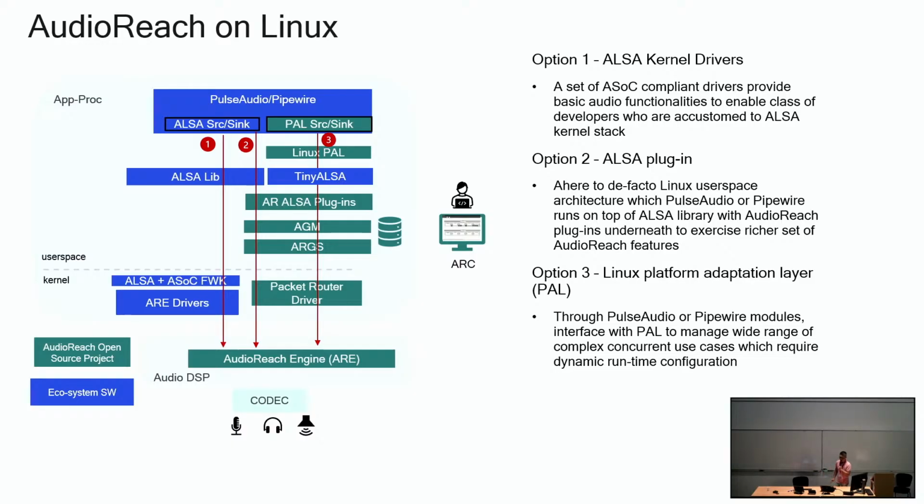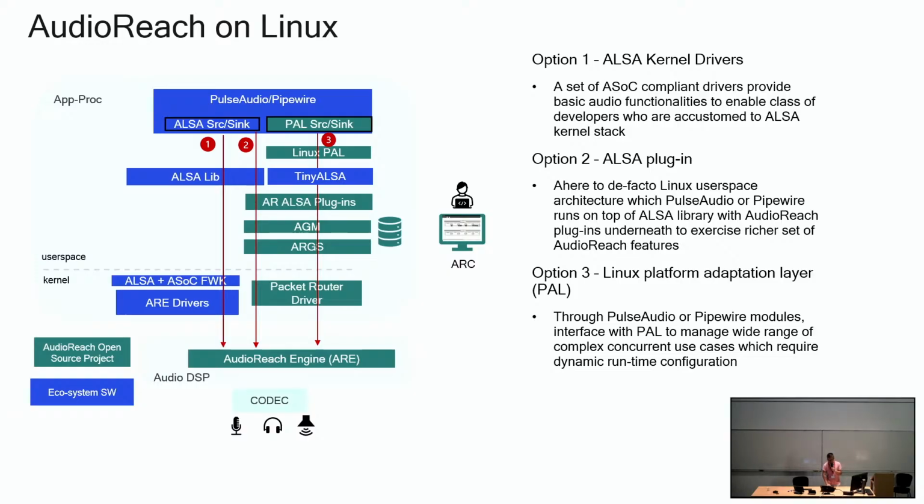Okay, and then we also have option 3. If you think about nowadays, there are a lot of use cases that you can run on the phones, right? You can run audio playback at the same time as having a voice call.